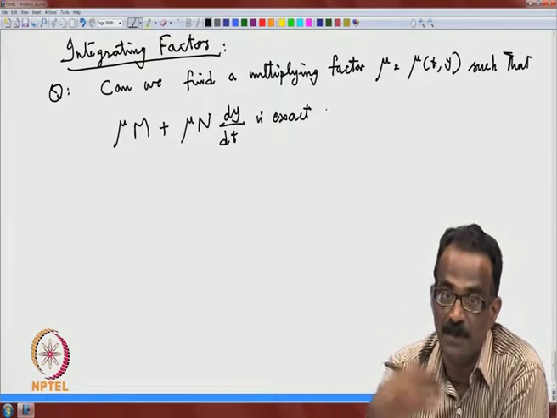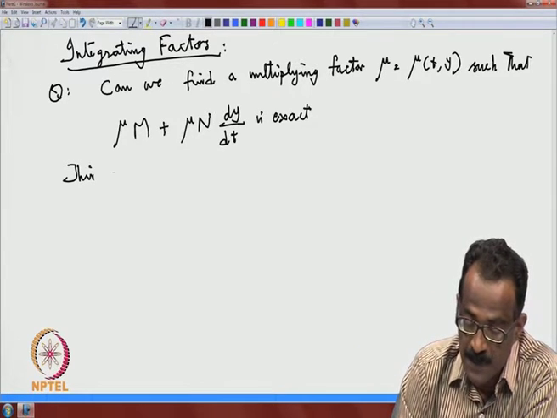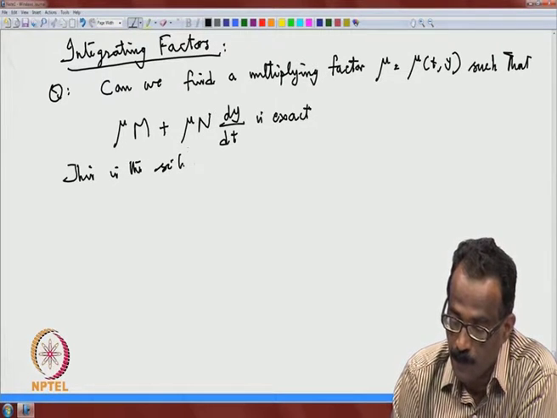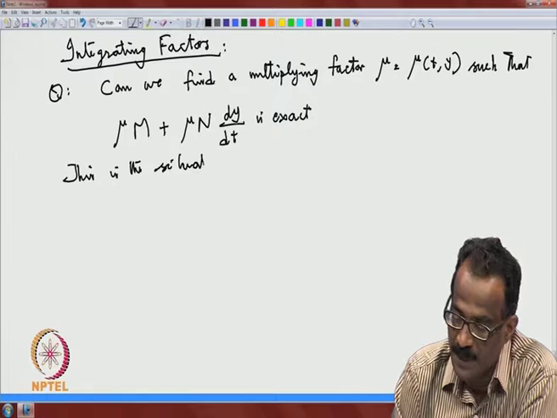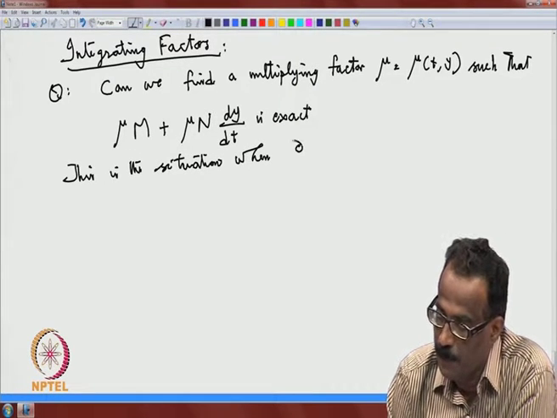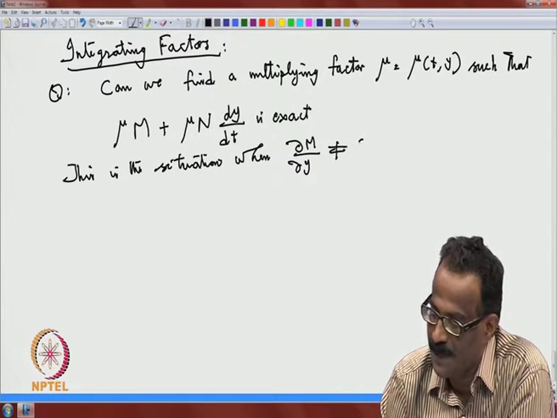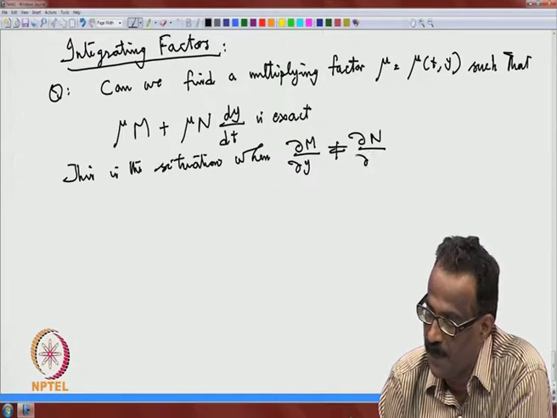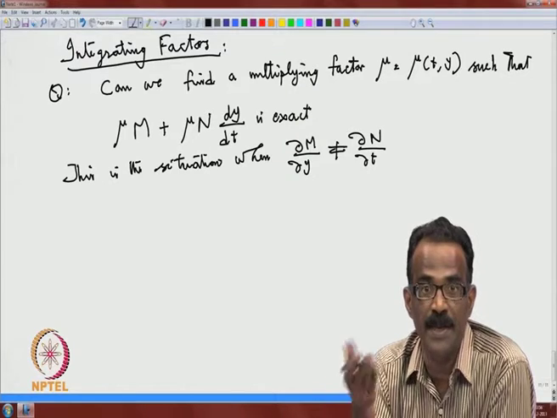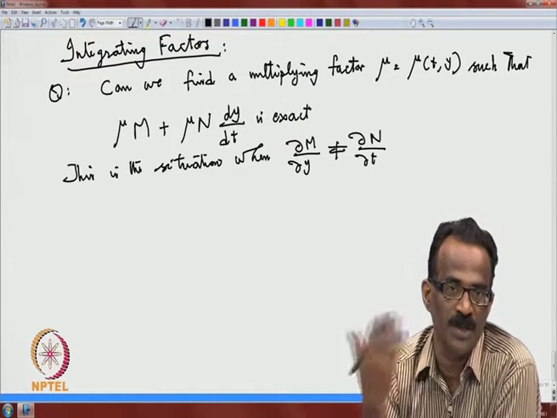So this is the situation when dm by dy is not equal to dn by dt. If dm by dy is equal to dn by dt, then that equation is going to be exact and you do not have to proceed further.